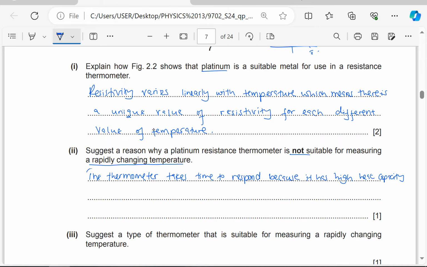What do I mean by high heat capacity? It will require a high amount of heat to cause a change in its temperature, because the heat must first travel through glass. So an energy transfer is needed for the thermometer to reach a temperature.